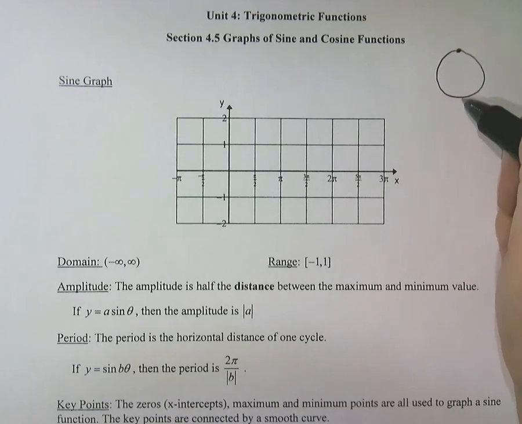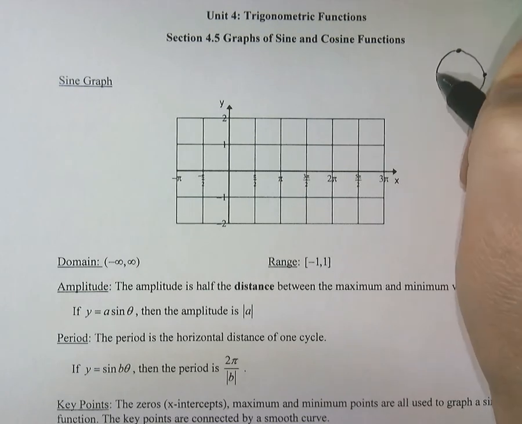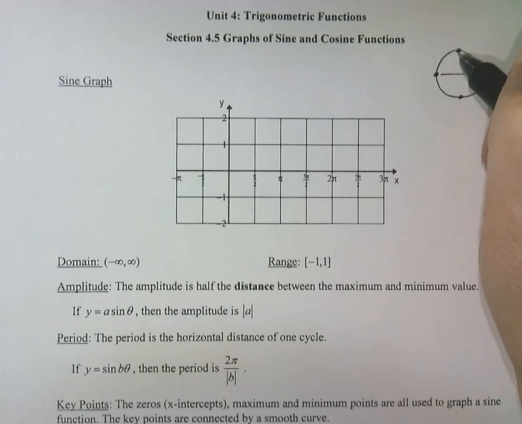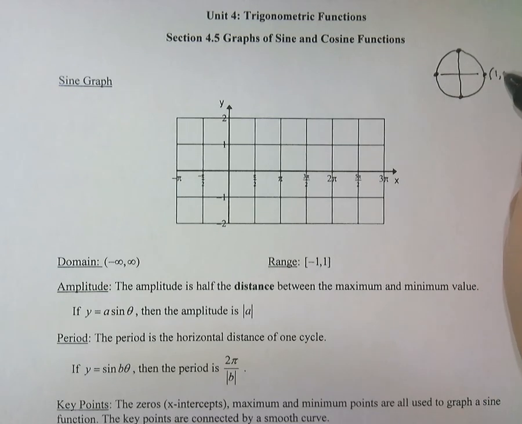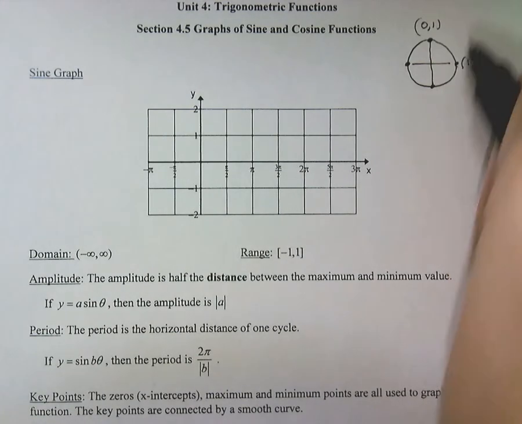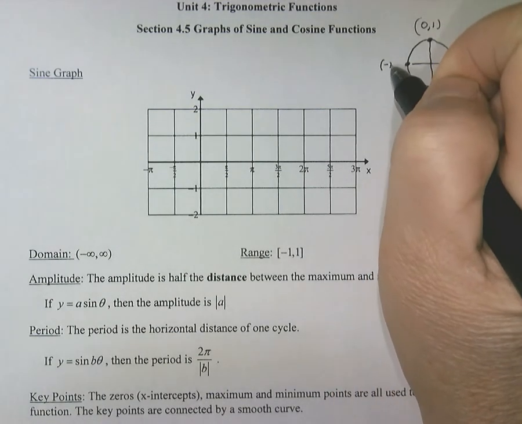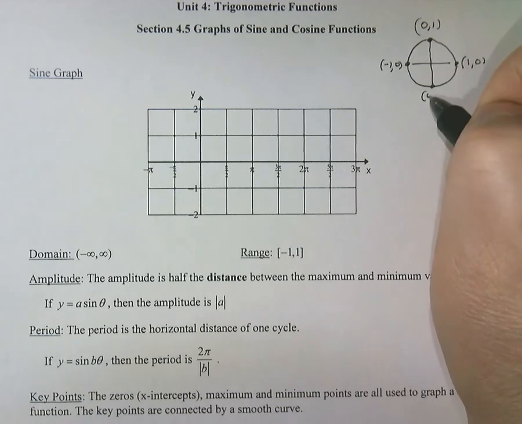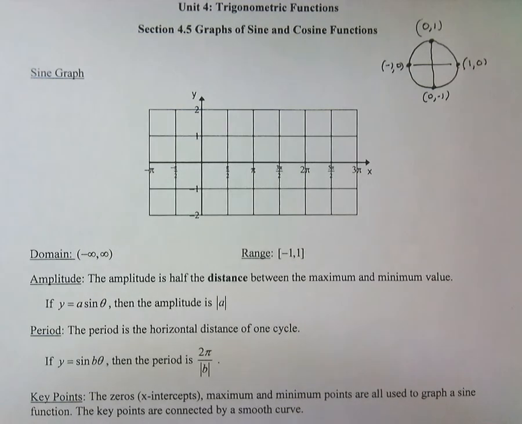If you look at these points here along the x-axis and along the y-axis, the point 1, 0, 0, 1, negative 1, 0, and 0, negative 1. Those are the only points I'm actually going to even worry about to plot this sine graph.